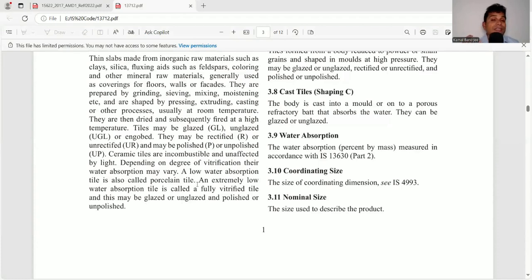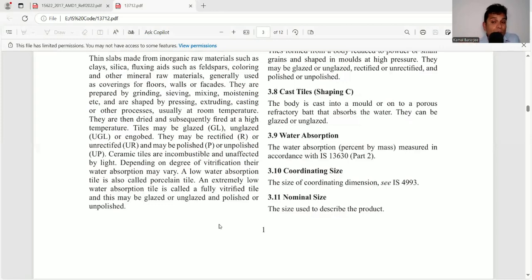I will discuss later what the range for the water absorption is. An extremely low water absorption tile is called a fully vitrified tile. So the tiles which have extremely low water absorption are called vitrified tiles.